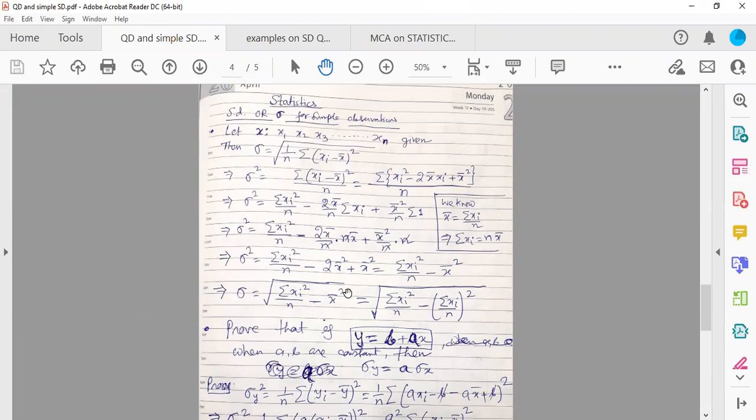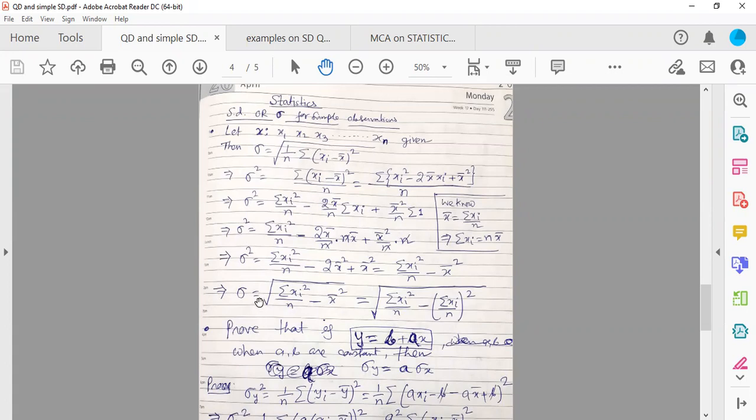Similarly, when we find the standard deviation, we require the calculation of arithmetic mean, x bar. When we find mean deviation, we require median calculation, and so on.